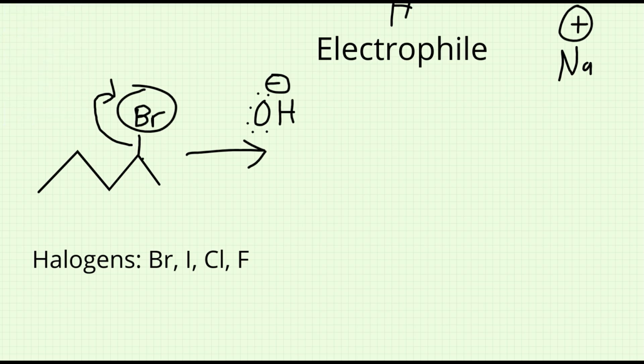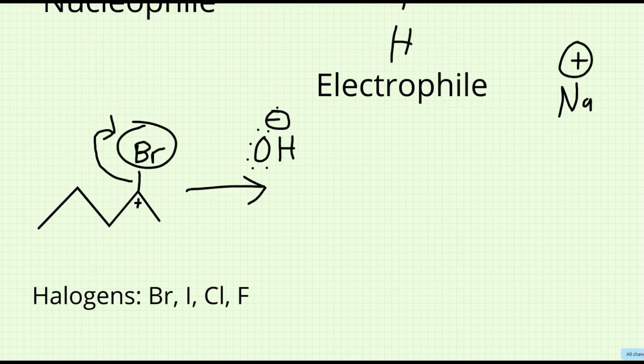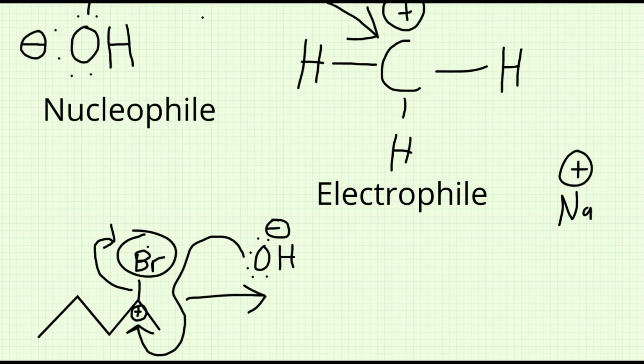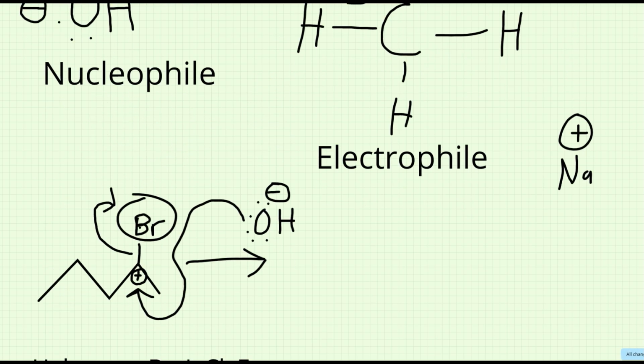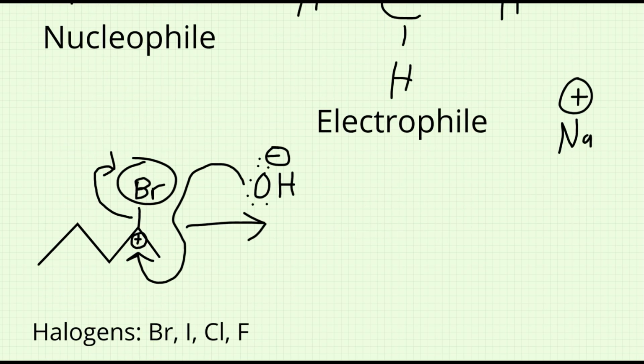So if bromine did leave, that carbon would now have a positive charge. So OH, which is a nucleophile, says, ooh, this is an electrophilic center. I'm nucleophilic. I want to get in there and take bromine's place. I don't want my negative charge. Bromine's happy to have its negative charge, and I'm going to get in there and get rid of mine.